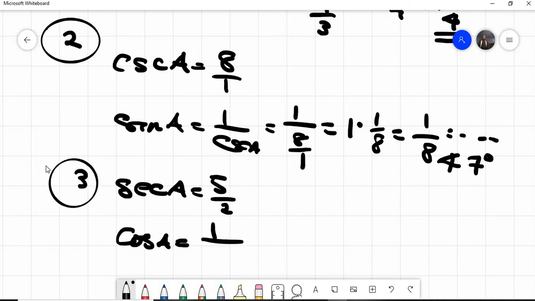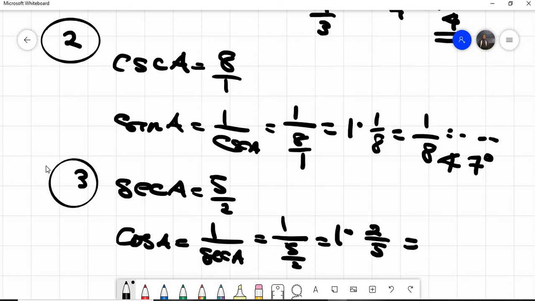It's going to be 1 over sec A, which is 1 over 5 over 2. We must flip this one as a fraction, as we remember how to do fractions. So this equals 2 over 5, because 2 times 1 is just 2. Then we get some decimals, and the angle is 66 degrees.